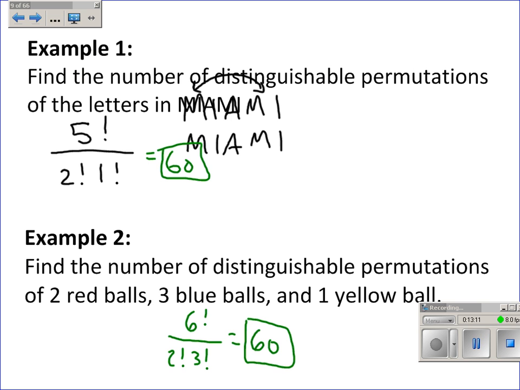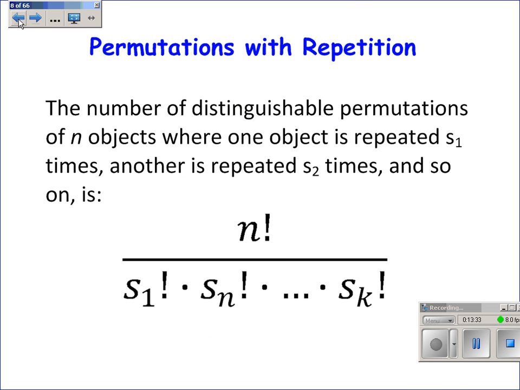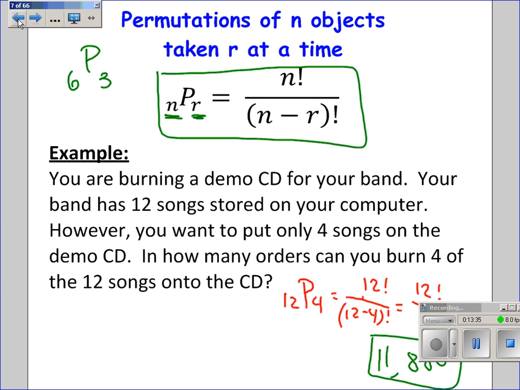Okay, this is permutations where the order matters. Now, if the order does not matter, we use combinations. In our class, combinations are used quite a bit, and we'll come back to combinations. Let me back up real quick. I forgot to mention that our calculator can do permutations using this formula.